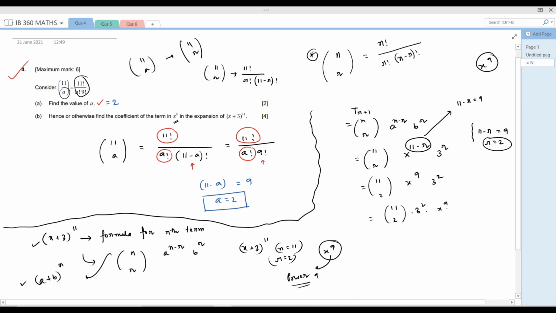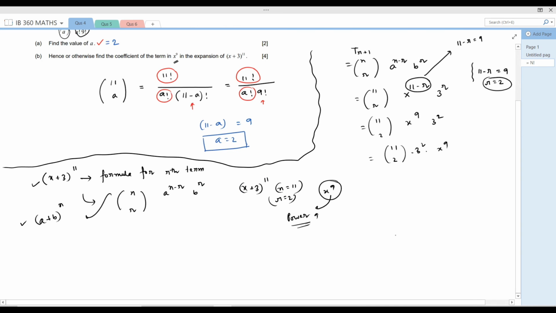Now how will we find the value of 11C2? This is the formula we need to apply: 11 factorial divided by 2 factorial into 9 factorial. The calculation will be 10 into 11 divided by 2 factorial into 9 factorial into 9 factorial.